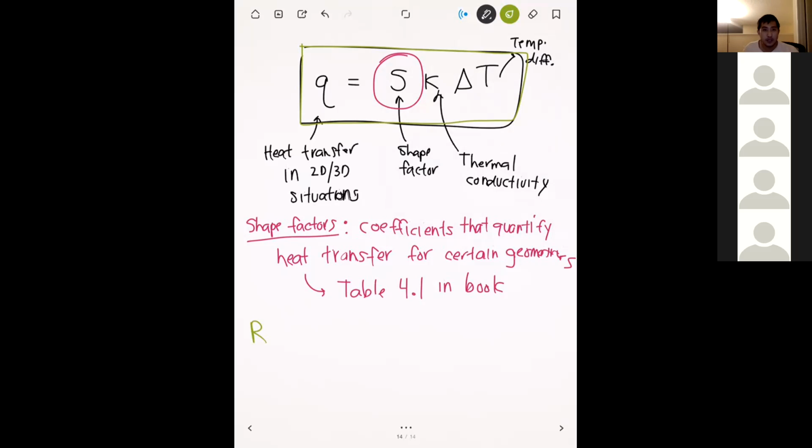And let me define this resistance to be 1 over SK. Okay? And I'll call this R2D. Okay? And so if we do that, then our formula becomes Q is equal to delta T divided by R2D.